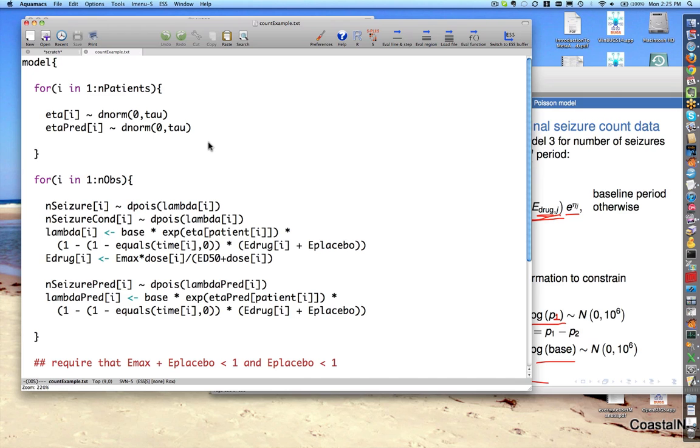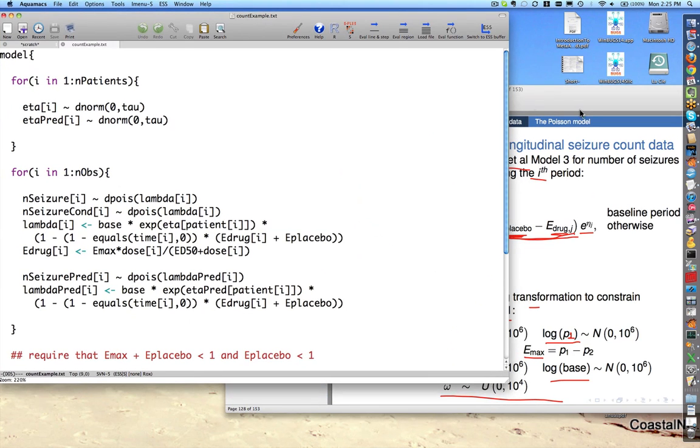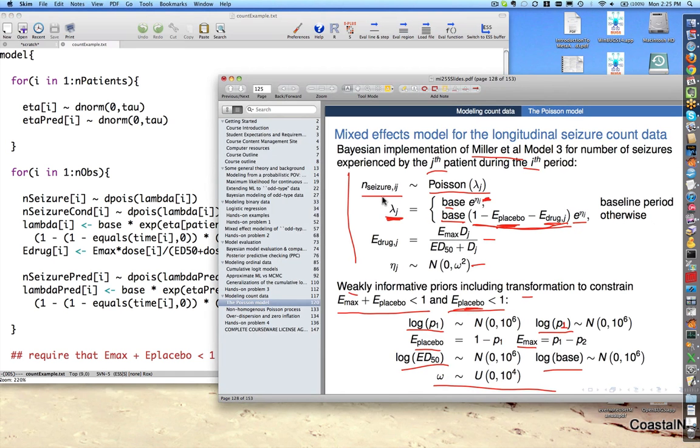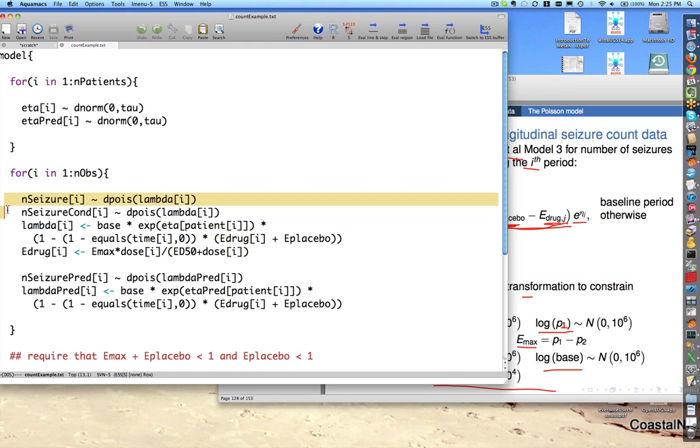Okay, I'll try and switch back and forth without making it too annoying here. So the first thing we're going to do is describe our likelihood. Our N seizure here is distributed Poisson, and that's what's going on right here in this line.